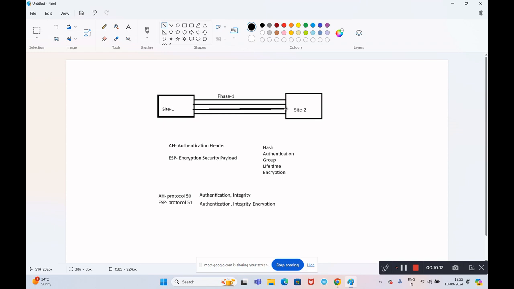Whatever information is going through phase 2, we can't see the information exchanged between site 1 and site 2 in phase 2, because phase 1 is already established and is a secure tunnel. So inside phase 1 we have developed phase 2, or phase 2 is up between site 1 and site 2 after exchanging all these parameters.